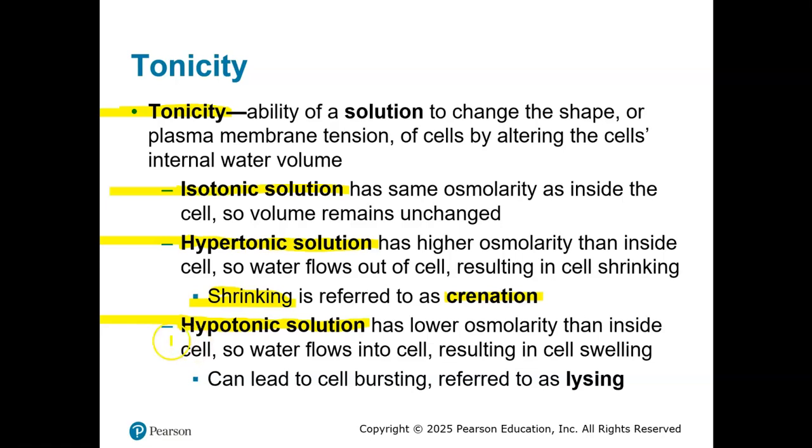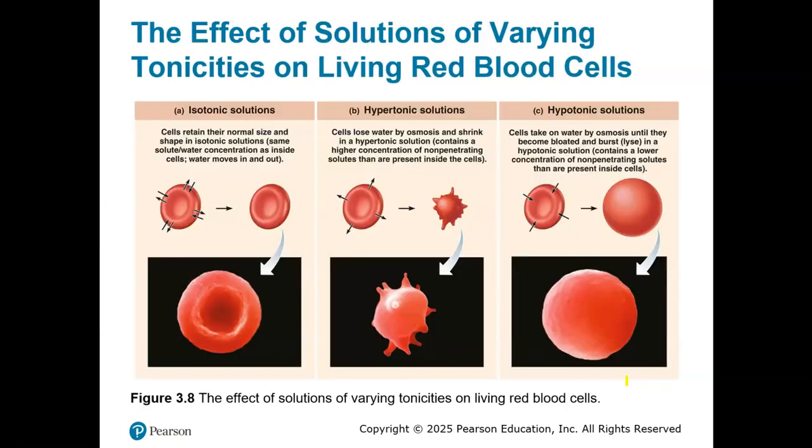Since water follows solute, the higher solute concentration is inside the cell. So water is going to move into the cell following the higher solute concentration, and it can cause the cell to burst, and we call that lysing. In a red blood cell, we call it cytolysis.